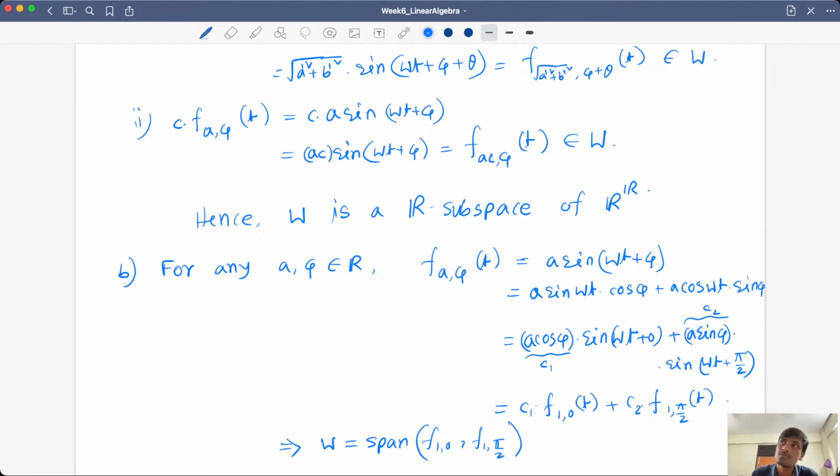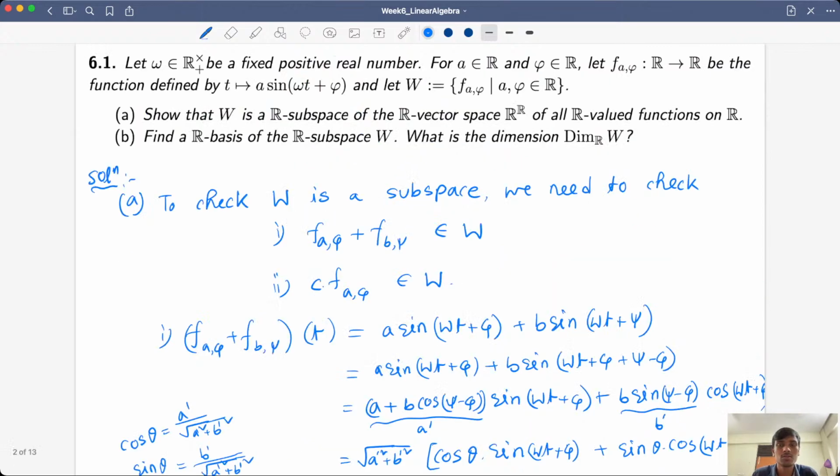So you can take t as pi by 2 omega, so that will again give you c1 is 0. So these two functions are linearly independent, and they span your whole W. So this is a basis, okay, and that means the dimension is 2, right?